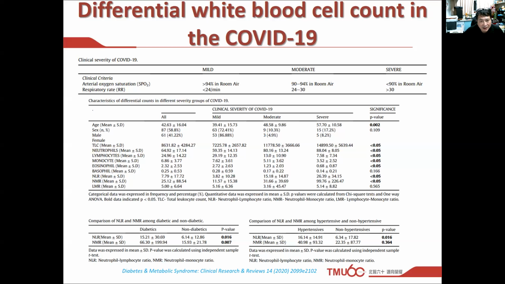Aging people basically show more severe symptoms compared to young people. In mild patients the average age is around 30, moderate is near 40, and severe is around 57. So it suggests aging is one of the factors to develop the severe form of COVID-19.